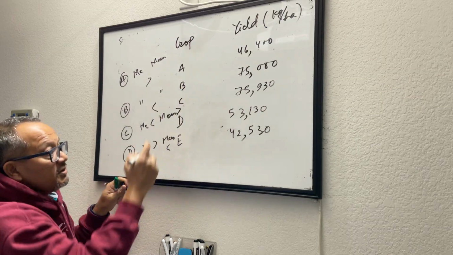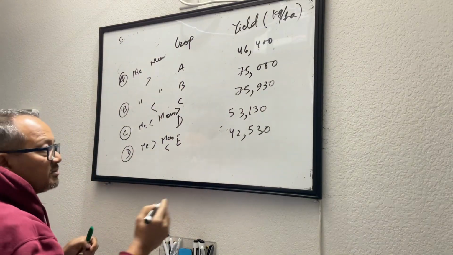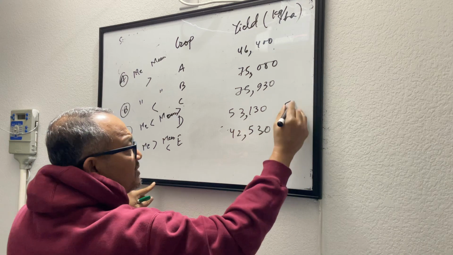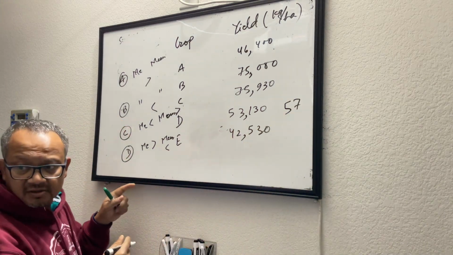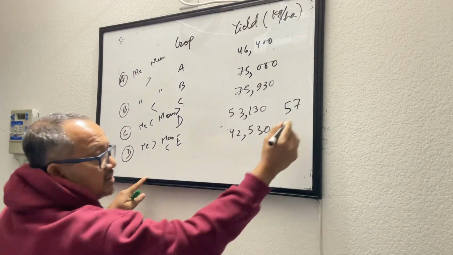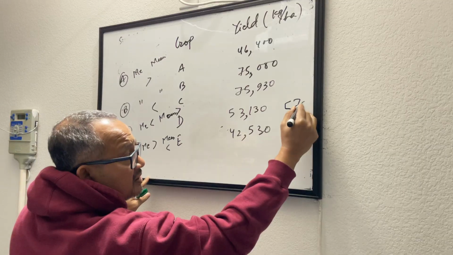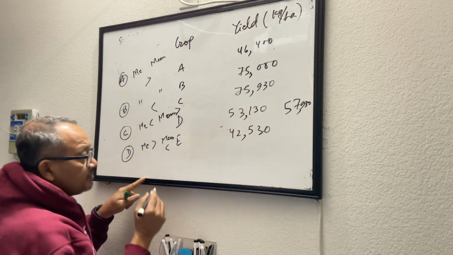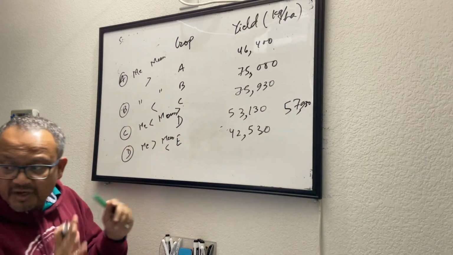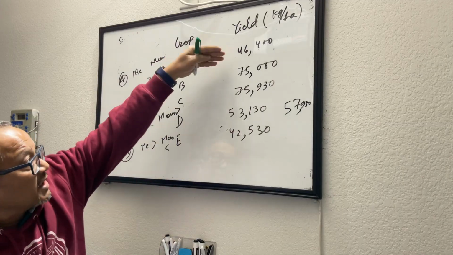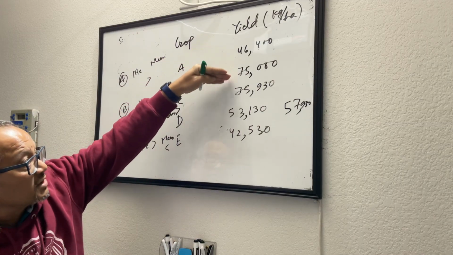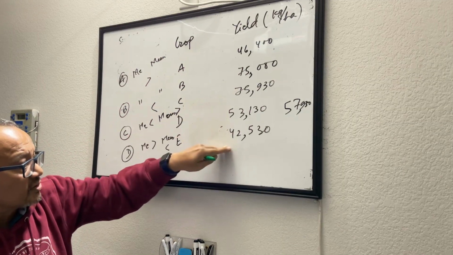So here, whatever you had, okay, what was the number? The next one that we added, 57,000 something, right? 57 and 93. How much? 57? 930. 30? Okay. So mean is straightforward. Look at this, 46,000, 75,000, 75,000, 53,000, 42,000.